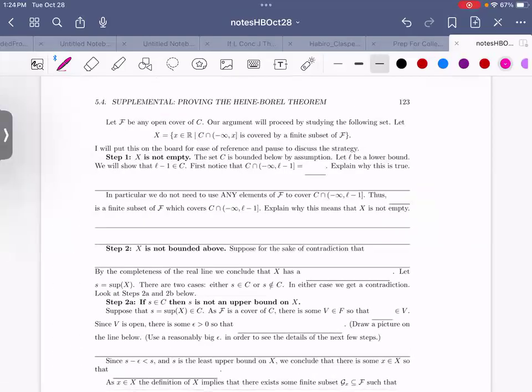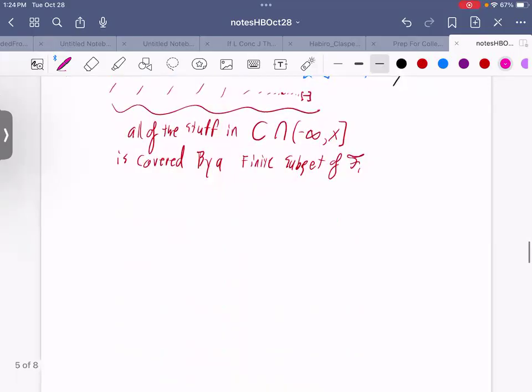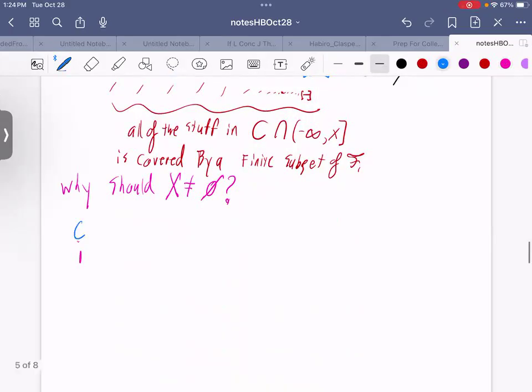So first of all, I'm going to show that X is not empty. Well, why should X be non-empty? What do I know? I know C is bounded below. If there's a lower bound L, then everything in C is to that side of L. There's an upper bound too.